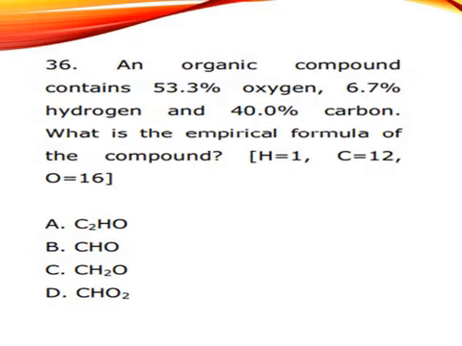Next is question 36, and it's a question on empirical formula. It says an organic compound contains 53.3% oxygen, 6.7% hydrogen, and 40% carbon. What is the empirical formula of the compound? You're also given the values of the masses for hydrogen, carbon, and oxygen. So we are going to write this down.